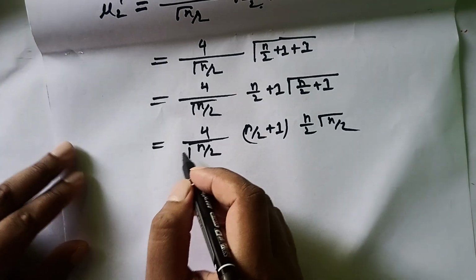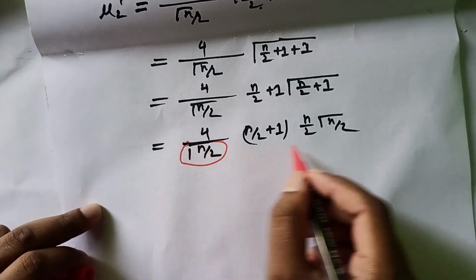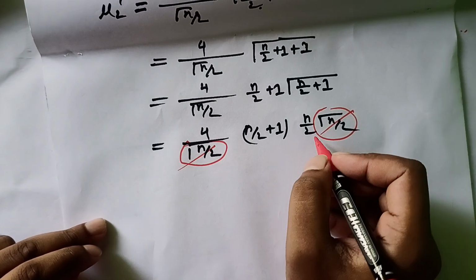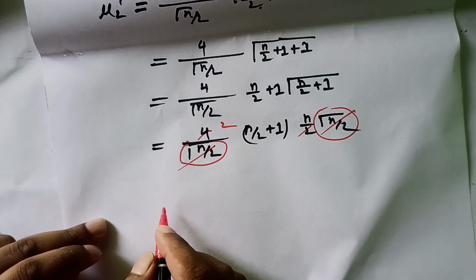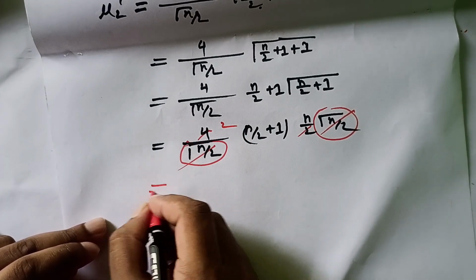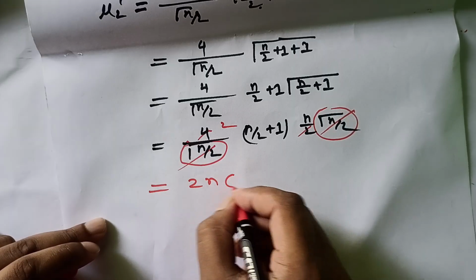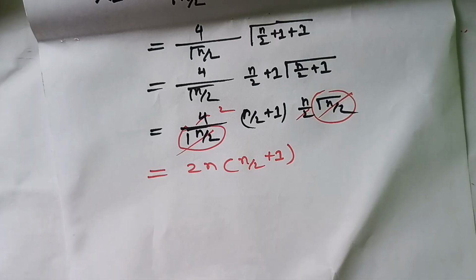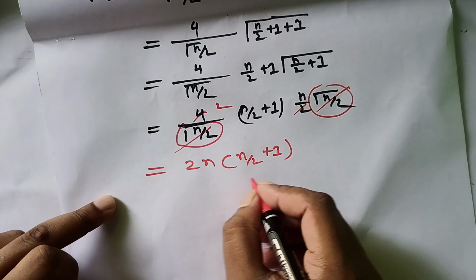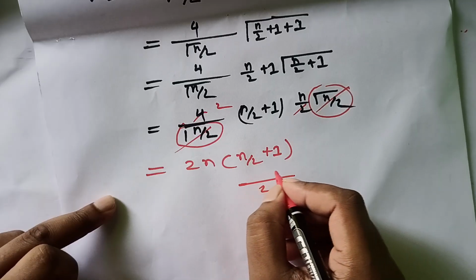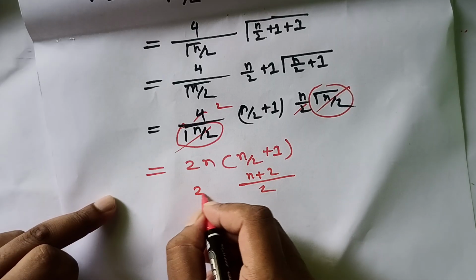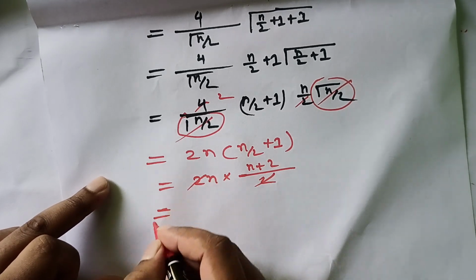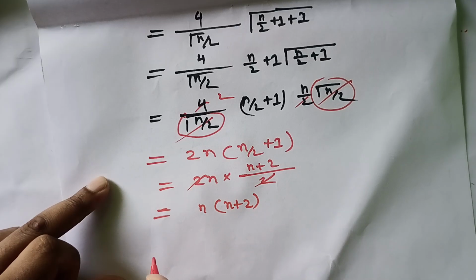Okay, so here this one will be cancelled, and this 2 with 2, so we will have 2n times n by 2 plus 1. So can we shorten this one a few more lines? Yes, we can do. If we take 2n plus 2 into 2n, so this 2 will be cancelled, n into n plus 2.